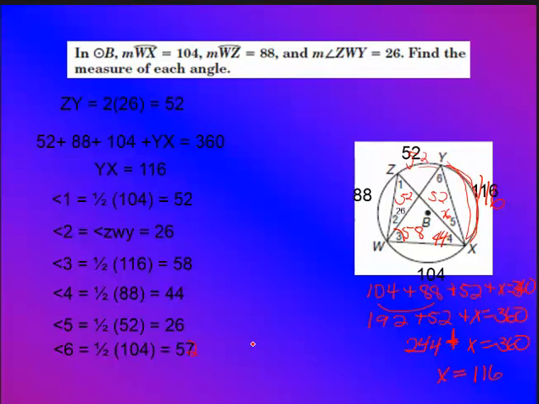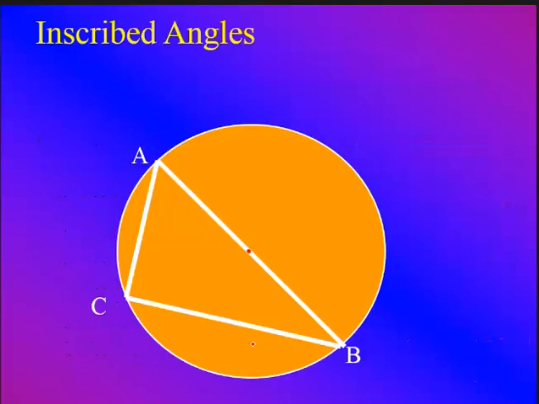Okay. Here's another inscribed angle. This is a special case. It still follows the same rule, but it's a special case if you recognize it. What kind of chord is this AB if it goes through the center of the circle? Hopefully you recognize this as a diameter, which cuts the circle in half.